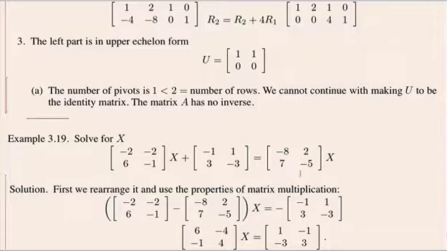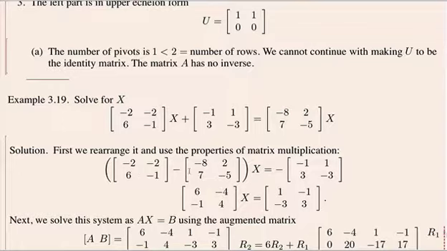So we bring this to the left-hand side and we factor out X on the right. Note that matrix multiplication is not commutative, so you cannot change the order. The X must stay on the right. Then we also take this matrix to the other side with opposite sign. Or you can say that we subtract this matrix from both sides.